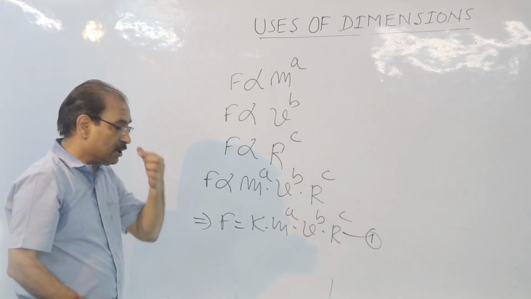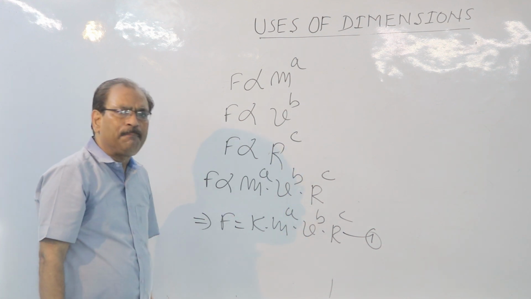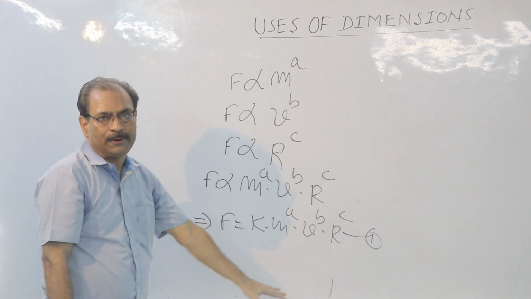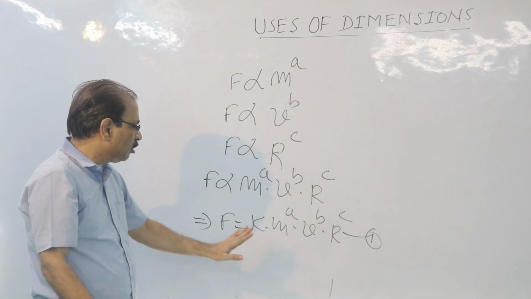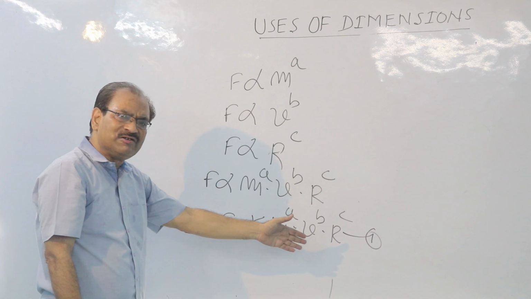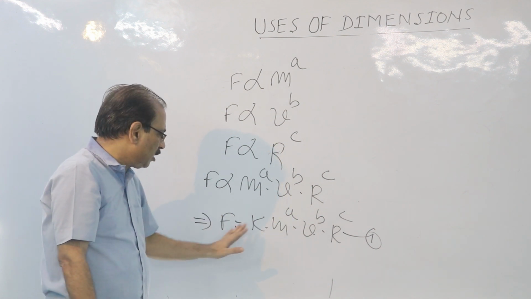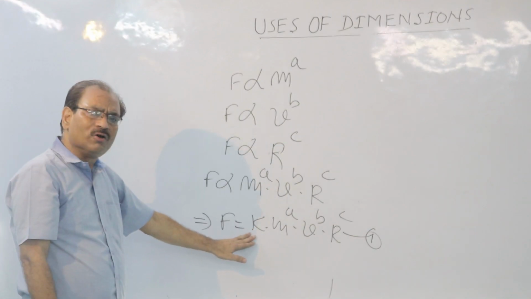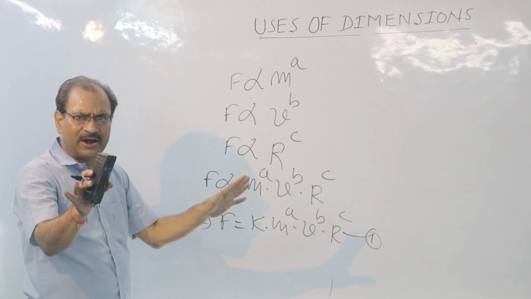Let it be. Children, after this step, our main target is to find out the values of a, b and c. Okay. How to find out? We shall be writing the dimensional formula for F, m, velocity and R. k is a constant, has got no dimensions at all.